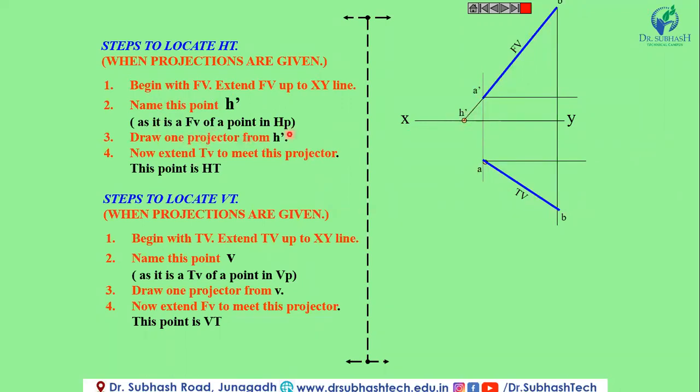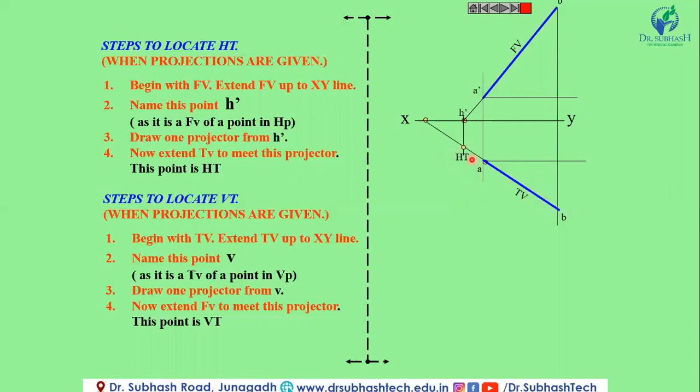This H dash is the front view of a point in HP. Now draw a projector from H dash, perpendicular to XY. If we extend the top view AB, the intersection point of this extension and the projector from H dash is known as the HT, or the horizontal trace.